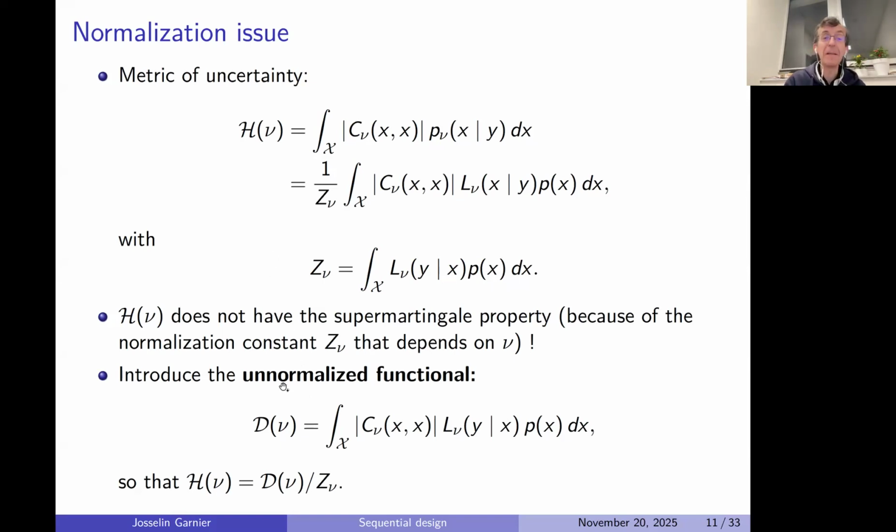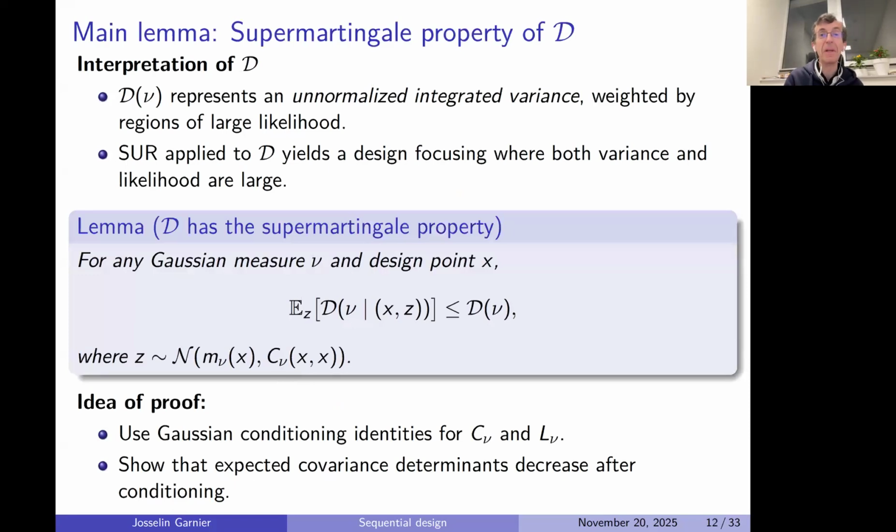The quantity that has the supermartingale property is something that is very close to this one, but you remove the normalizing constant. So you again have the variance, the likelihood, the prior, but you don't have the normalizing constant. And it turns out that this one has a good supermartingale property. So in fact, it's a non-normalized integrated variance.